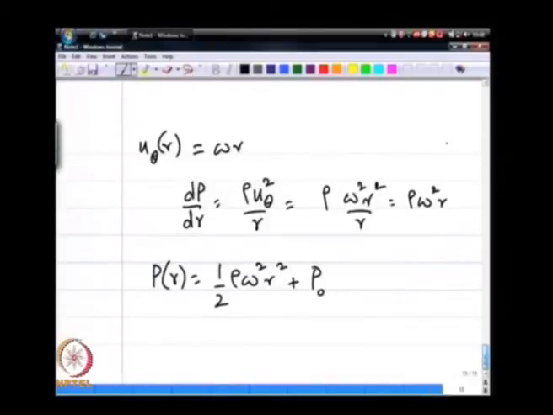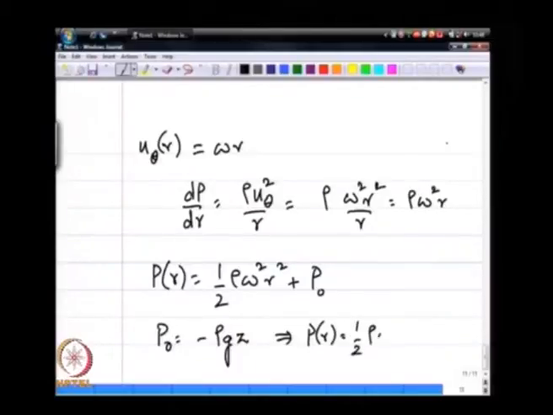If I include gravity, then this P 0 is minus rho g z, and when I use that, I can show this to come from the z momentum equation if we want, but for now we will just assume it is actually equal to P 0, but P 0 can be a function of z if I have gravity included, which is acting along the z direction.